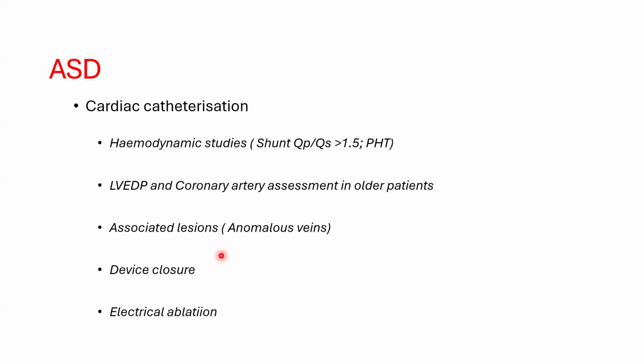Like I did indicate previously, in older patients, a small ASD may actually serve as a pop-off for the left ventricular diastolic dysfunction. So when you close the defect with the device, you need to recheck the left ventricular end-diastolic pressure to see if it's gone up. If it's gone up, then you are better off leaving that small ASD and not closing it.